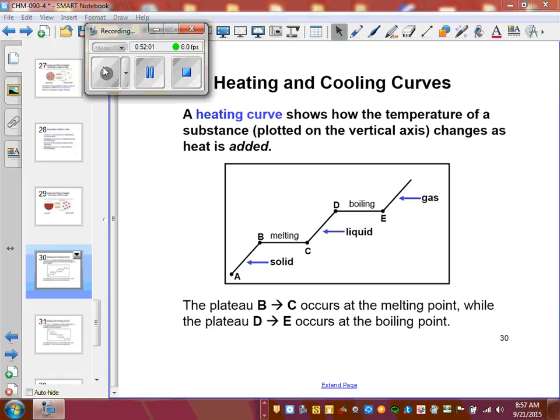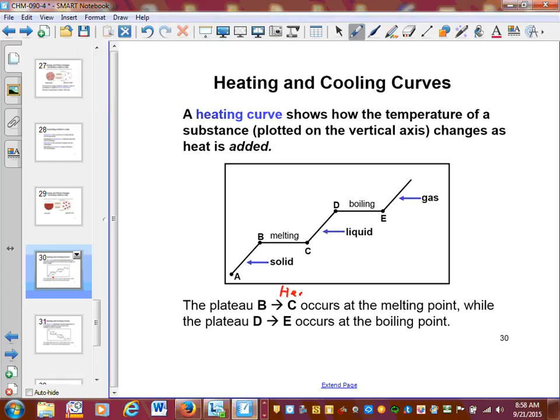Okay, we're going to talk about heating and cooling curves. A heating curve shows how the temperature of a substance, plotted on the vertical axis, changes as heat is added. So here we're adding heat going this way, and this is the temperature.